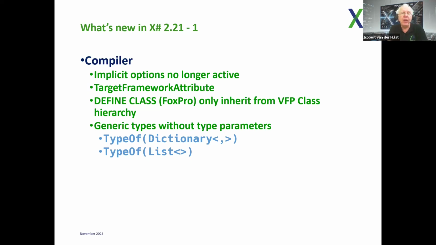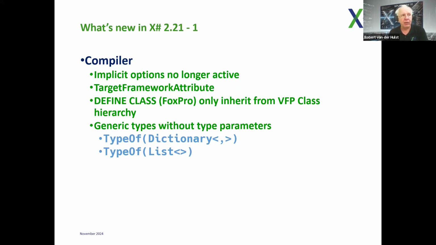The third important change in the compiler has to do with the FoxPro dialect, which we will cover later when we talk about dialects. And that is that FoxPro has its own defined class syntax. And this defined class syntax was allowed to inherit from system classes in the past, but we decided not to do it.